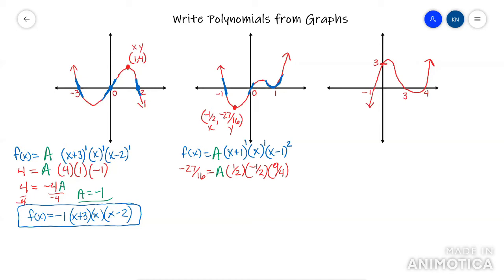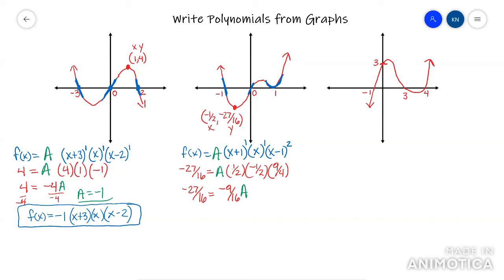I know that one was kind of weird. Okay, multiply it out. So this part did not change. 1/2 times -1/2 is -1/4 times 9/4 makes -9/16. And then of course my a, which I don't know.